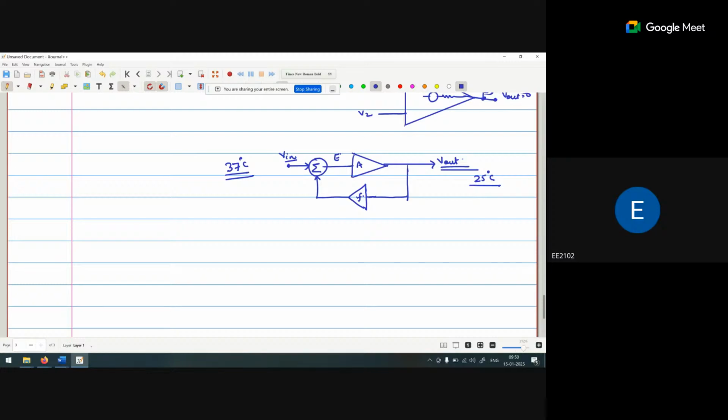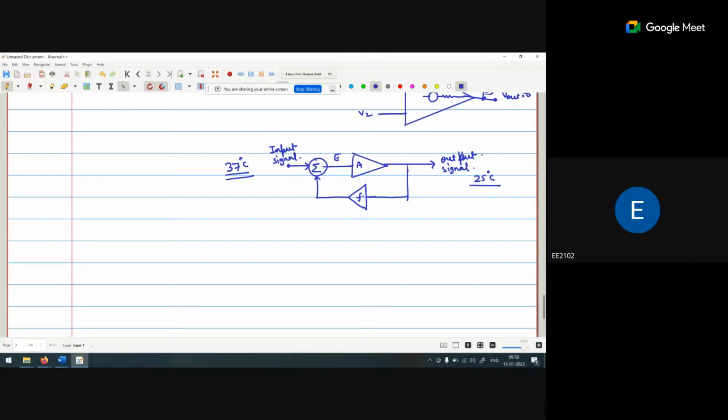This is the input signal, not a Vin. I am just taking this as the input signal, that my room temperature is 37 degrees. And this is the output signal. The room temperature I maintain is 25 degrees.